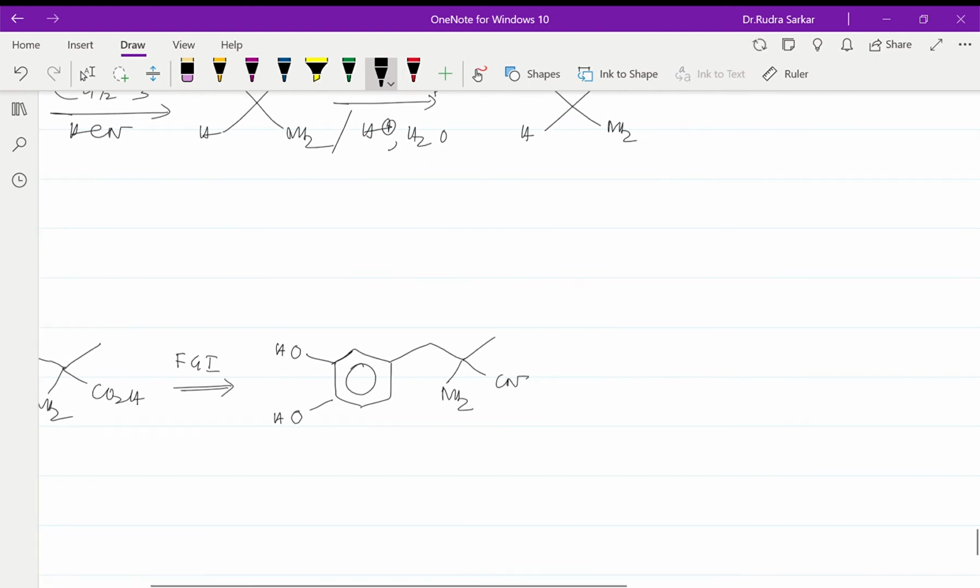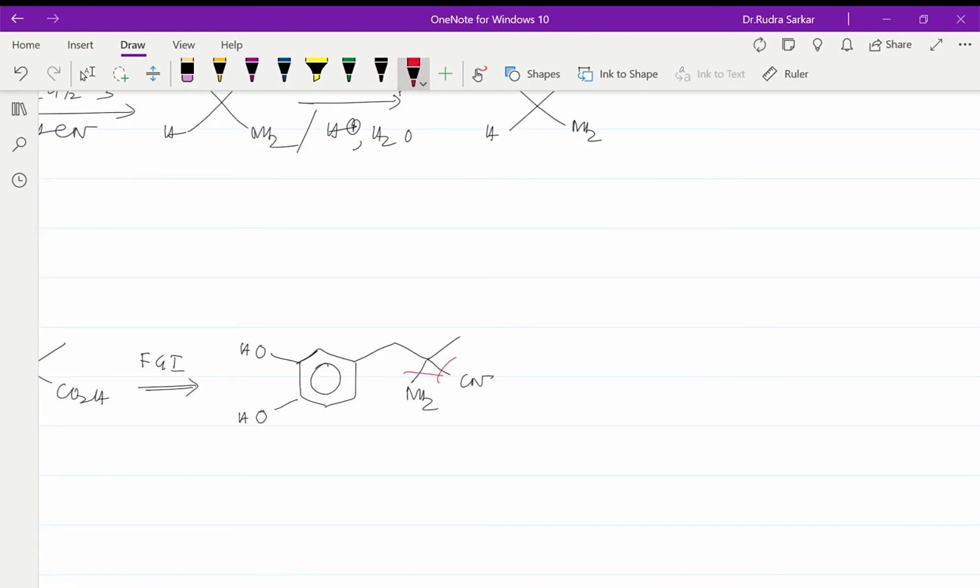Alright, now out here if we disconnect using 1,1 DIX, then the synthons that we get are as follows. We have NH2 minus and CN minus.